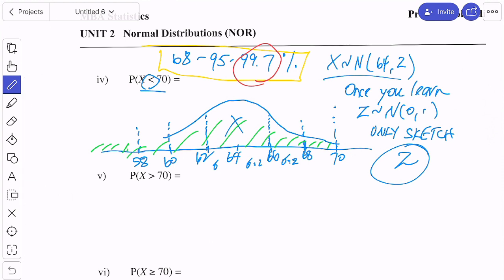So between 3 standard deviations is 99.7% of the observations. Outside of that is 0.15% and 0.15%.